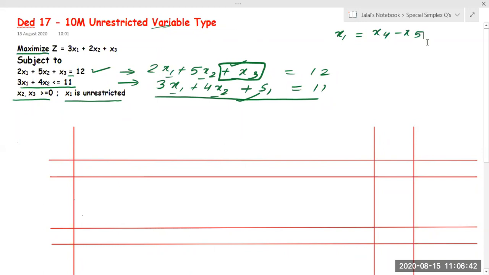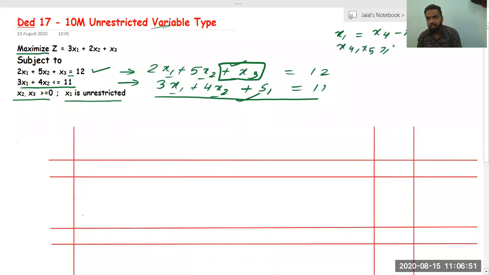Now I have already told you something about x4 minus x5, like x4, x5 will be greater than or equal to 0, right? Automatically x1 will be unrestricted because if x4 and x5 both are greater than 0, x1 will be greater than 0. If one of them is less than 0, then x1 will be less than 0, and if it is equal to 0, x1 will be equal to 0. So all the conditions will be satisfied with respect to x1.